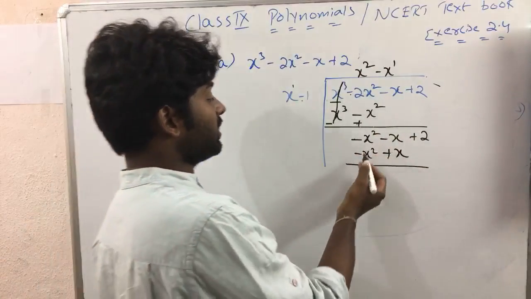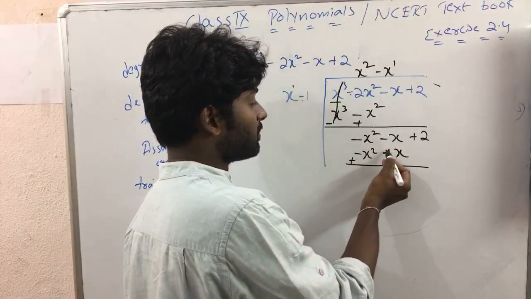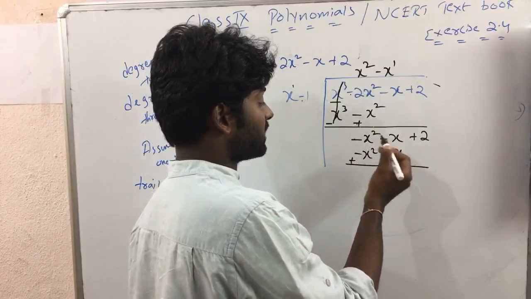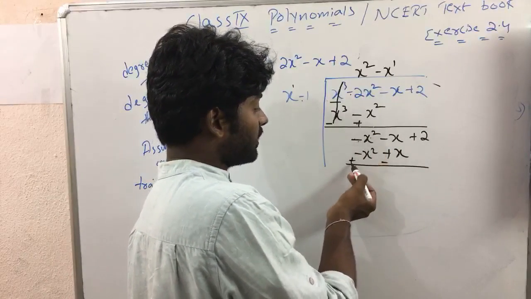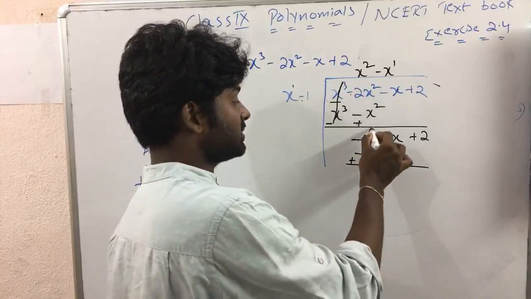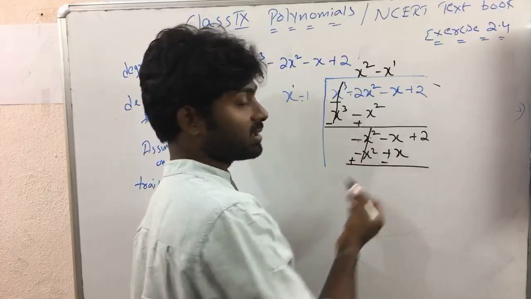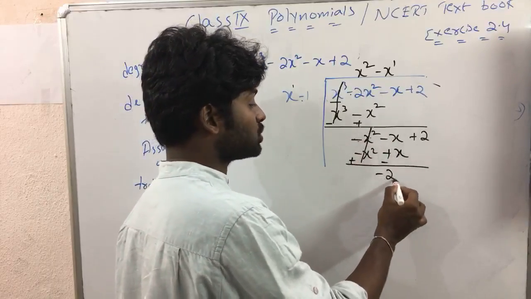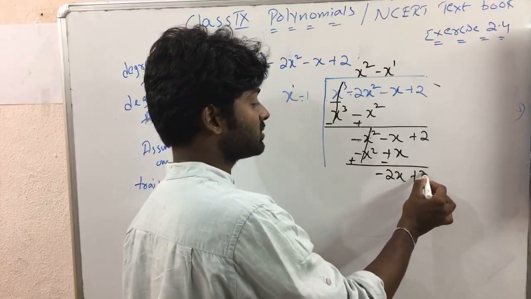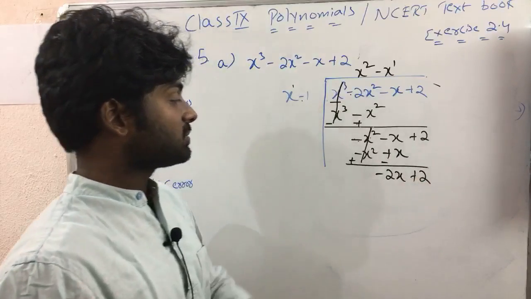Again on subtracting, minus of minus becomes plus, minus into plus becomes minus. Minus x square plus x square get cancelled. Minus x, you will get minus 2x, and drag this plus 2 here. So minus 2x plus 2.